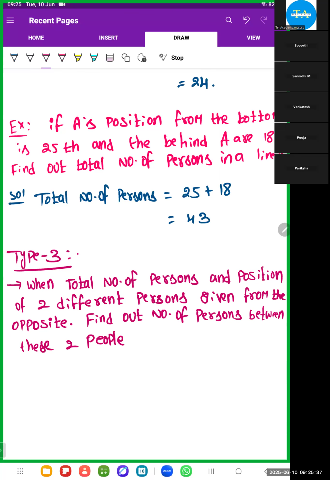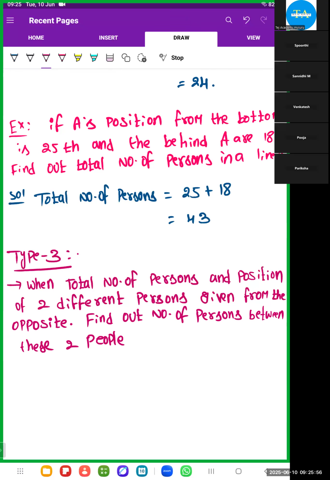So when the total number of persons and the position of two different persons is given, find out the number of persons between these two people.